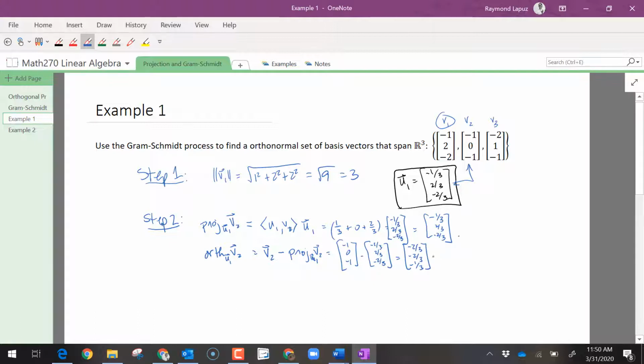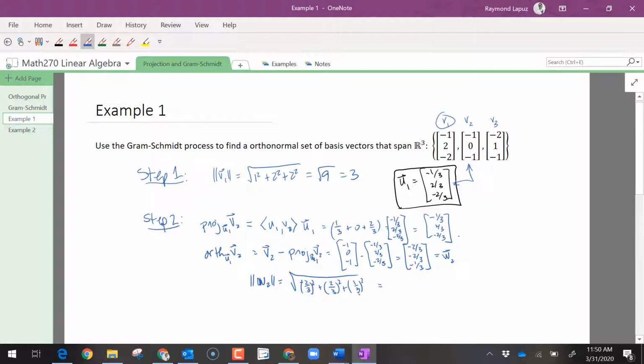And this is what we would call our w2, and then we would just find the magnitude of that to make sure that it's going to be a unit vector. So w2 is the square root of negative 2/3 squared, so the positive 2/3 squared, and 1/3 squared.